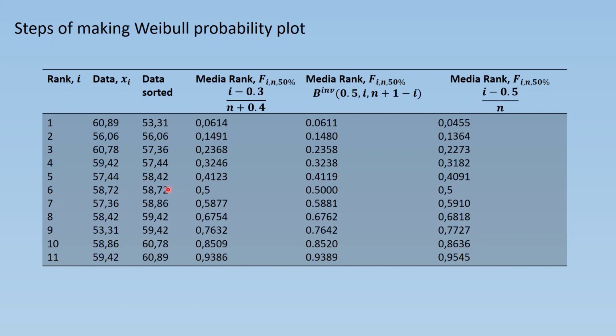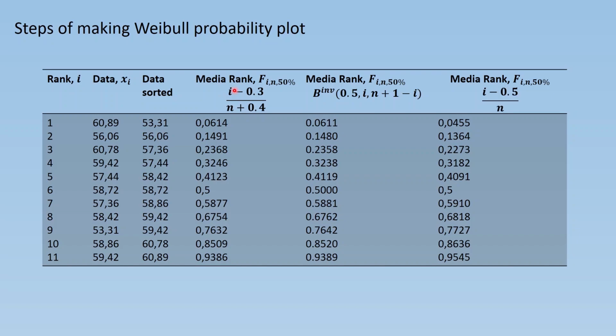Now, there are many equations that evaluate the probability of failure, or what we call the median rank. For example, we can use the beta distribution. The beta distribution will give you the exact prediction of the median rank, for which we have to evaluate this formula. Or there are many approximate formulas that we can use. For example, this formula is rather simple.